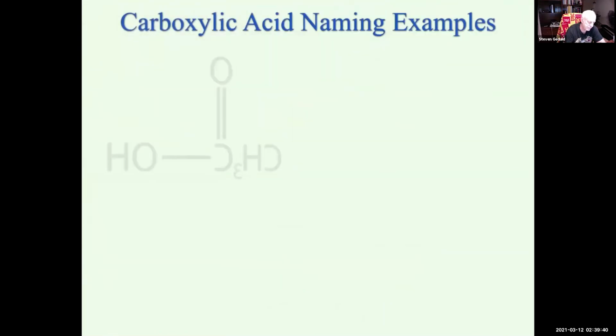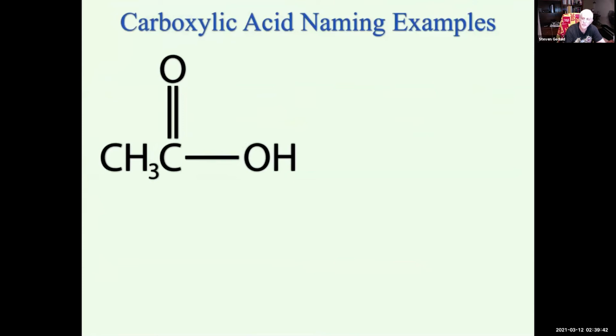Okay. Name that thing. How many carbons do we have? 2. So you have 2 carbons. 2 carbons is ethane. It's a carboxylic acid, COOH.